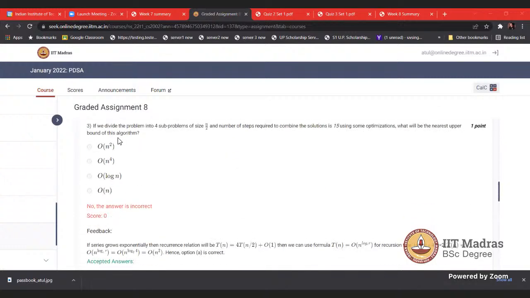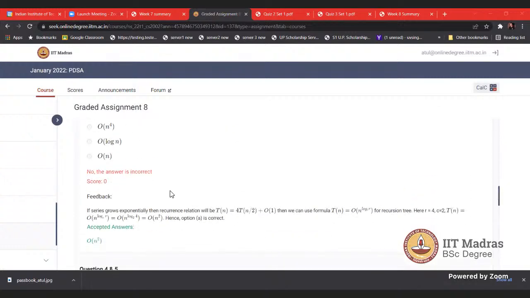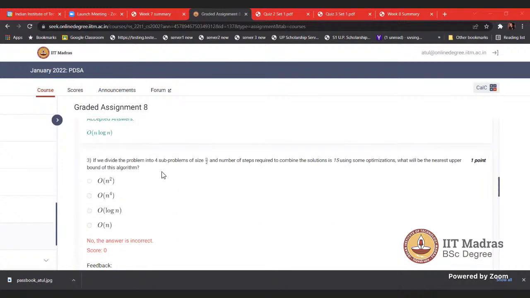And what is the 3? So 3 is also similar. No, not similar. If we divide the problem into 4 subproblems of size n by 2, the number of steps required to combine the solution is 15, using some optimization.